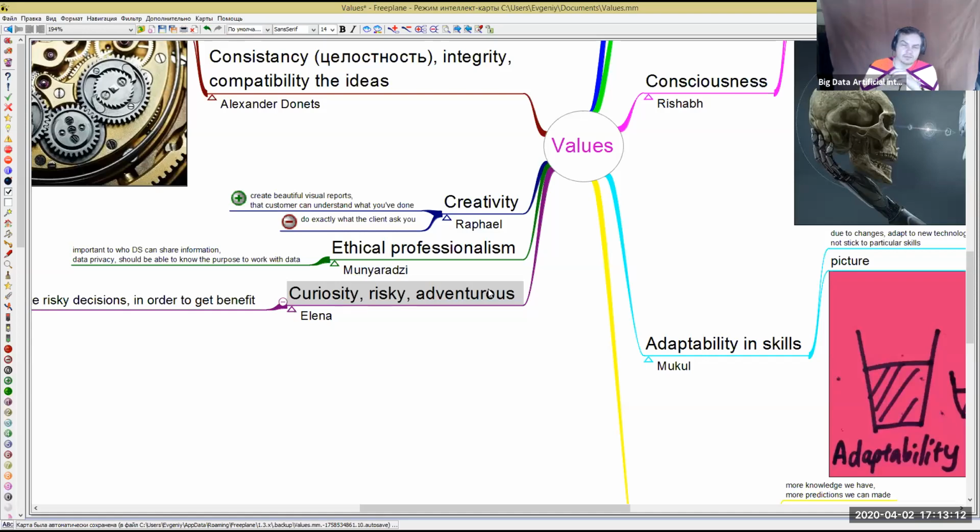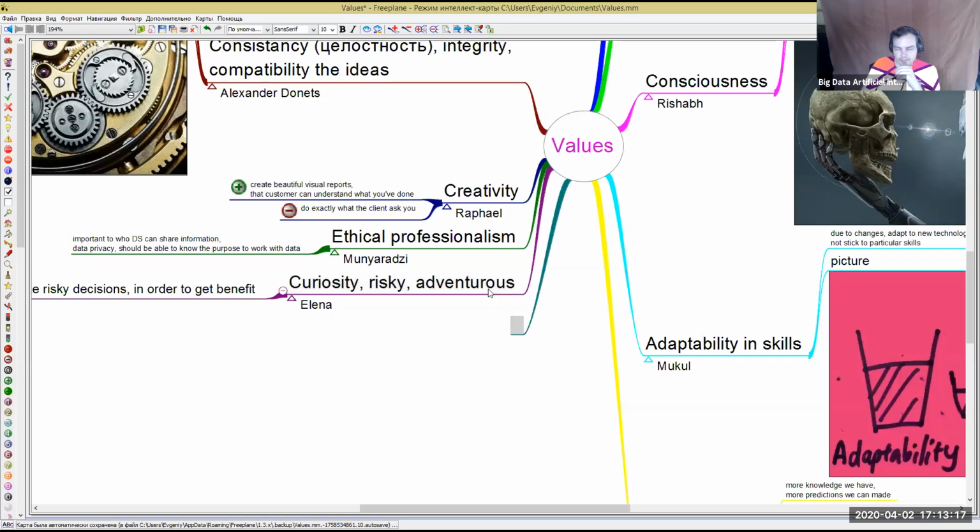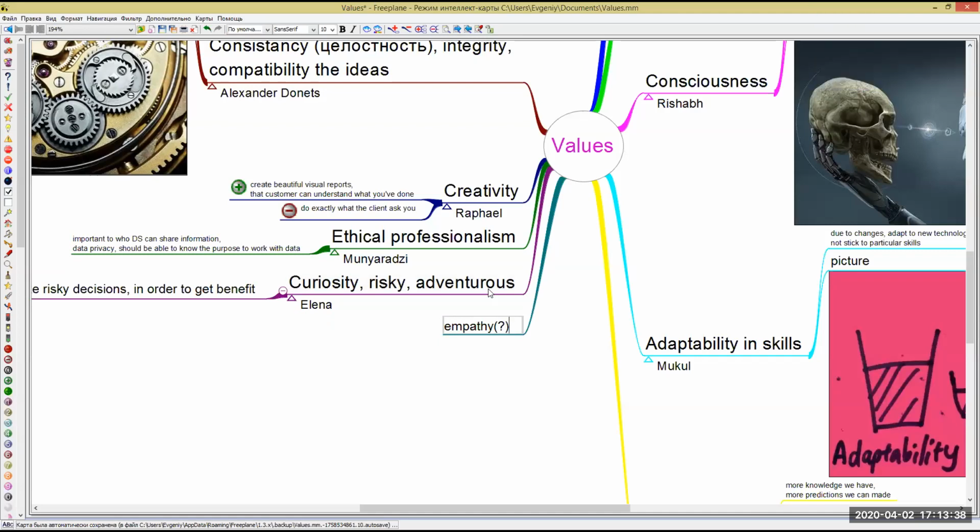Empathy. Can we say empathy? Or not? Well, empathy is useful to understand every other human, so it can be of use, of course.